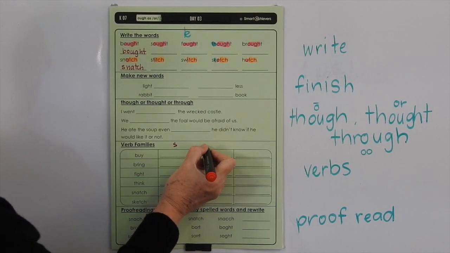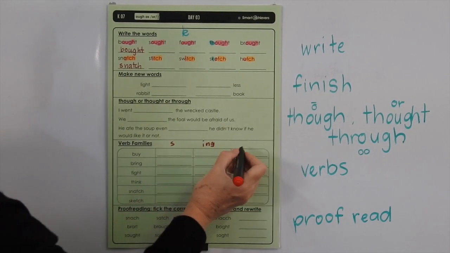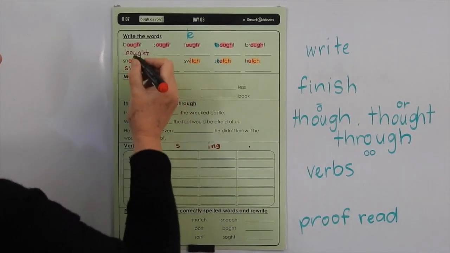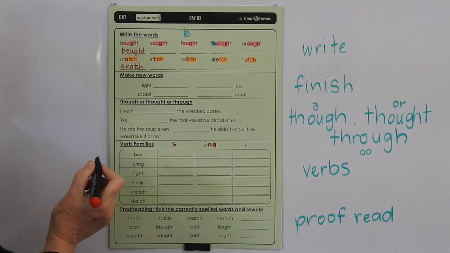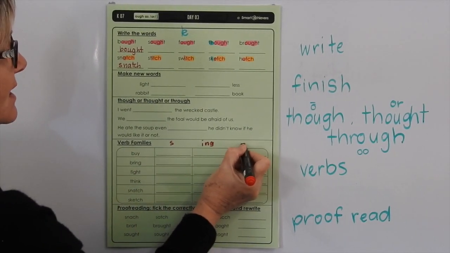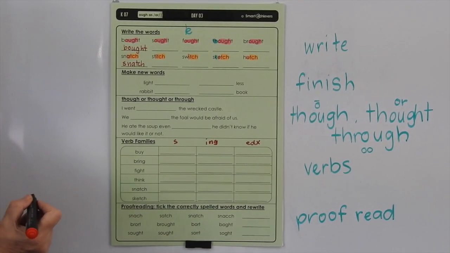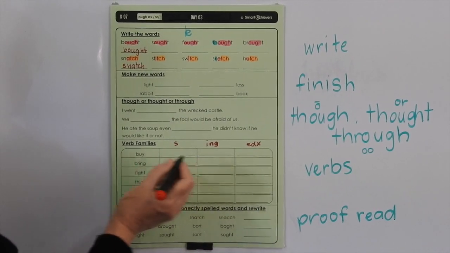In this column you're adding the ing, and in this column you would normally add the ed, but these are all irregular verbs, which means we're not adding the ed that we usually do to verbs to make their past tense. So just be careful on that last one.